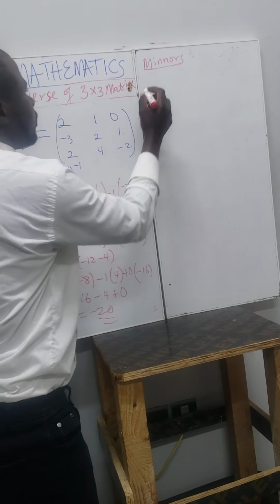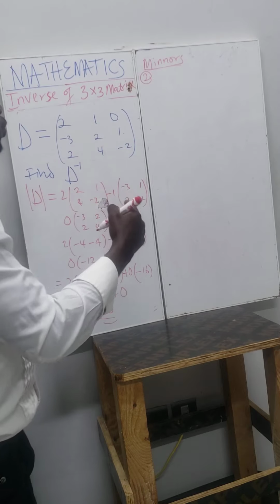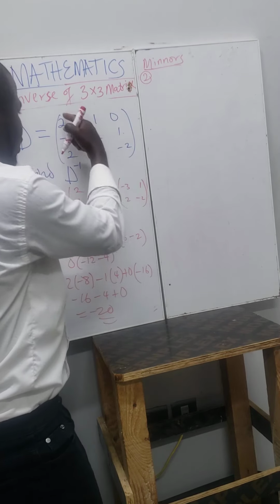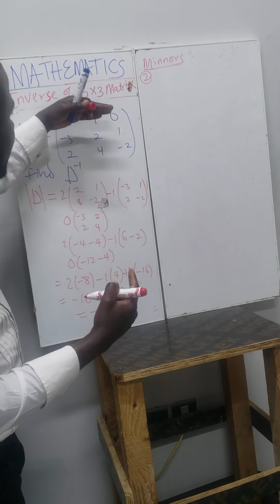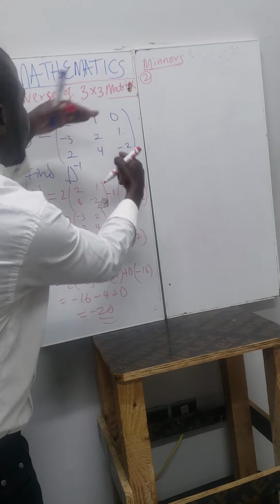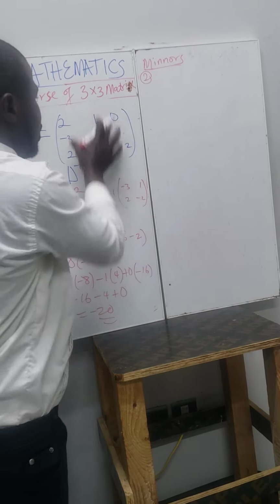Let's start with 2. We want to find the minor on that 2. Block the elements along the same row and along the same column. I block it like this. Whatever I have left, I have to write it down. And that is what we are going to be doing for each of them.